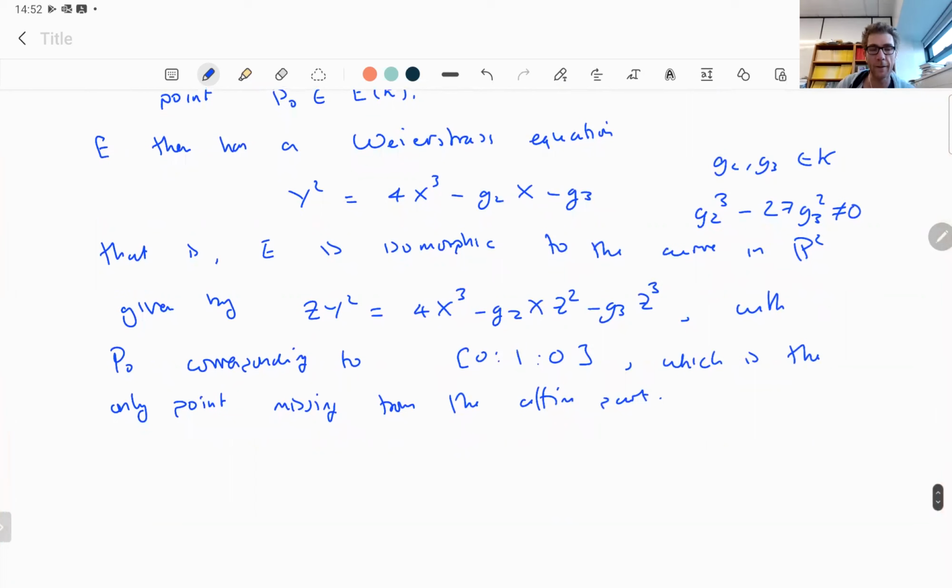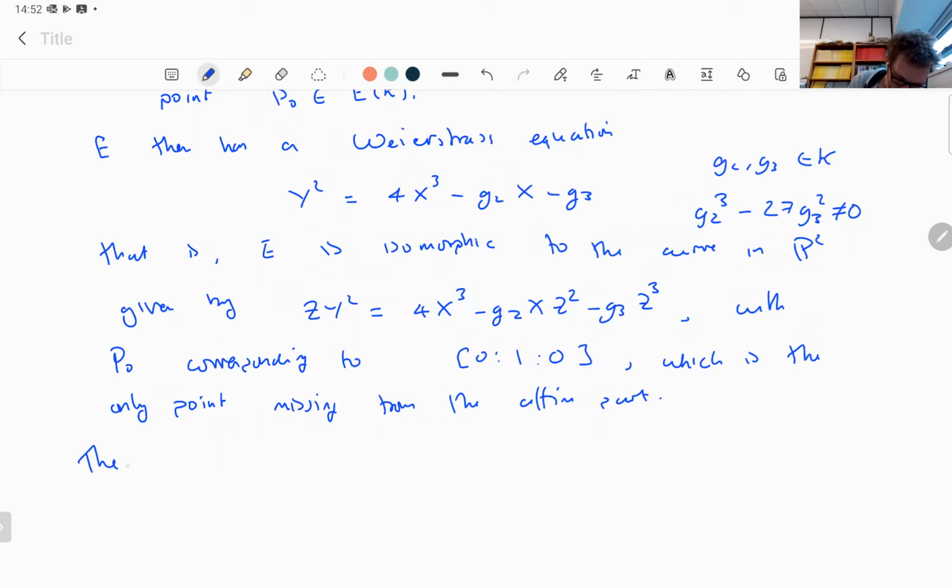A very important fact about elliptic curves is that if I look at the points with coordinates in my given field K, then they form an abelian group.